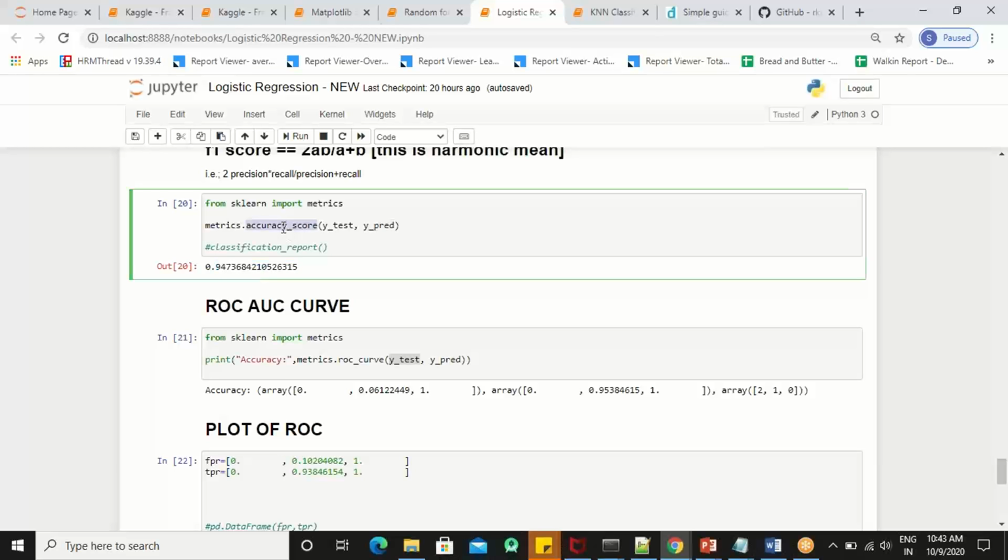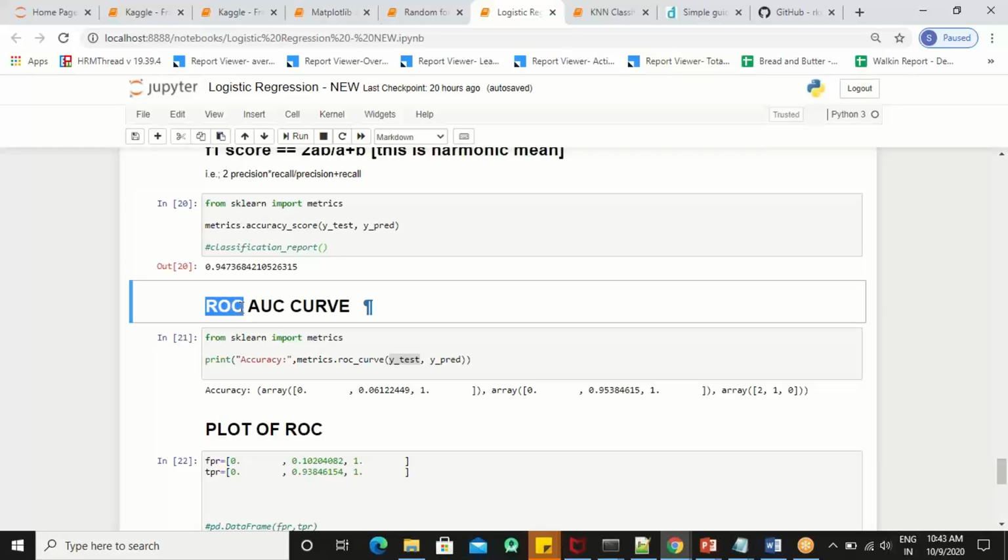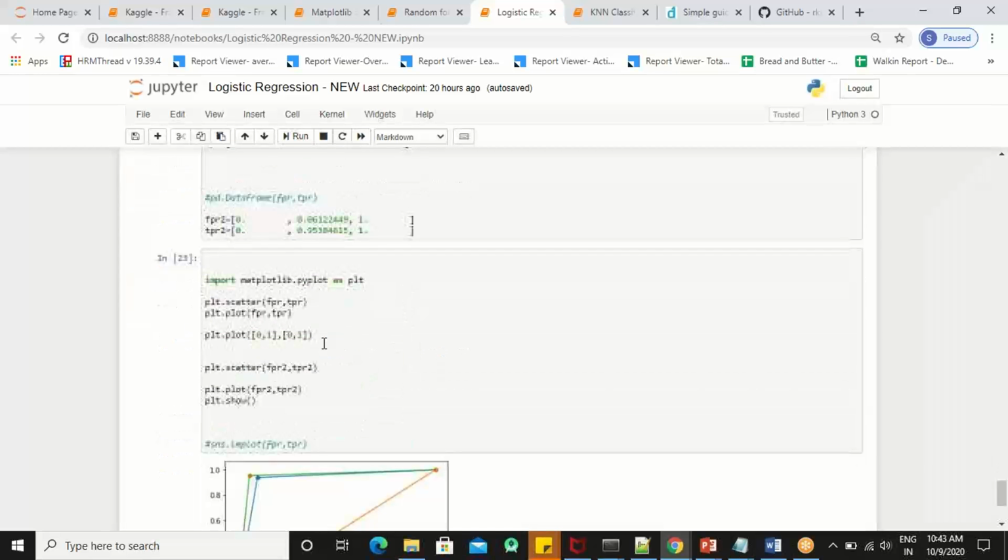Now to check this accuracy, there is another method, which is known as the ROC AUC curve. What the ROC AUC curve tells you is, first of all, this is known as the receiver operating characteristic curve. It's a curve between the false positive rate and the true positive rate, FPR and TPR.